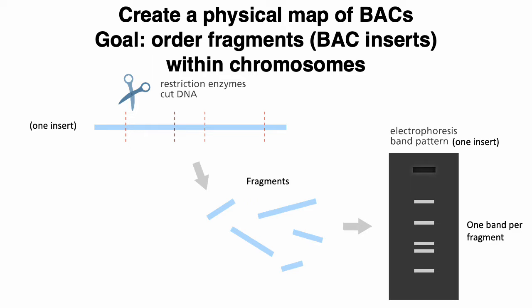If your restriction enzymes have relatively high sequence specificity, which they often do, and your BAC is long enough, then any given fragment of the original genome, which corresponds to an insert in a BAC, will generate a unique banding pattern on a gel. Because if your restriction enzymes are highly sequence specific and your genome is of high sequence complexity, you're going to get a unique set of fragments after restriction enzyme cutting.